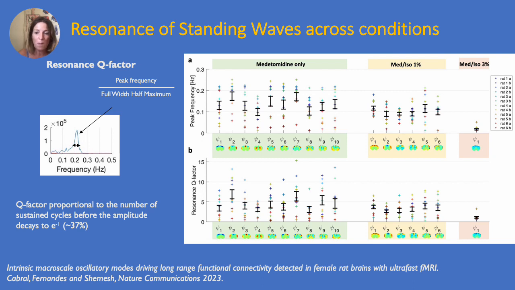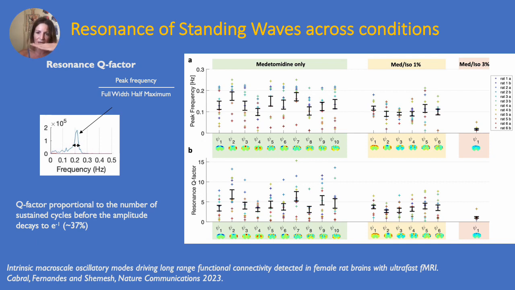So we try to compare this across conditions. Since the modes are different, what we compare here is the resonance Q factor of each mode. The resonance Q factor gives us an intuition of how many sustained cycles a wave activates whenever it is activated, before it vanishes. We find that under medetomidine the resonance Q factor is higher.